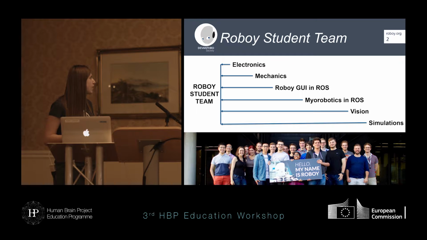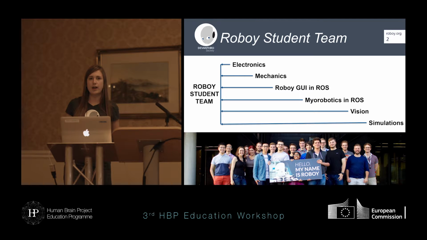Then we are trying to bring the user interface to the Robot Operating System, because it's the standard tool used in the industry and it will be convenient. Then we are also bringing the myorobotics elements of Roboy to the Robot Operating System for the same reason.